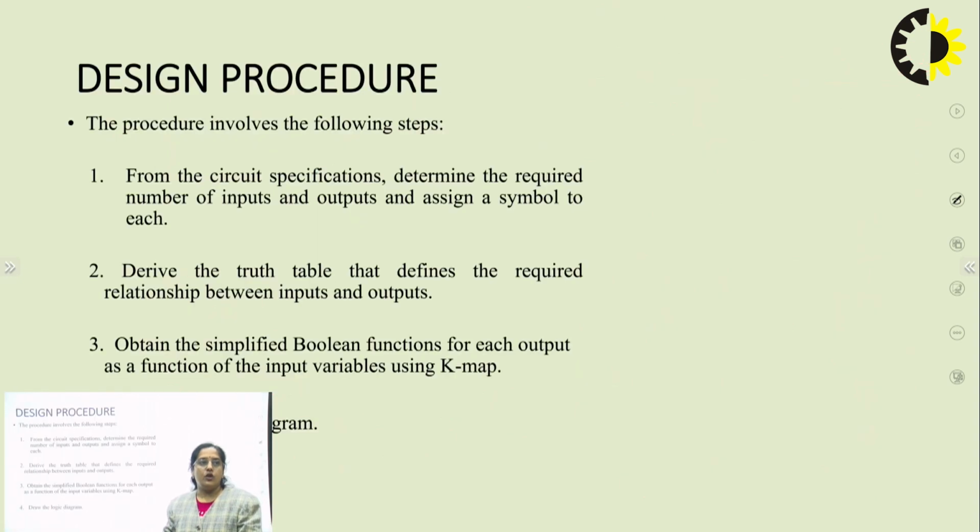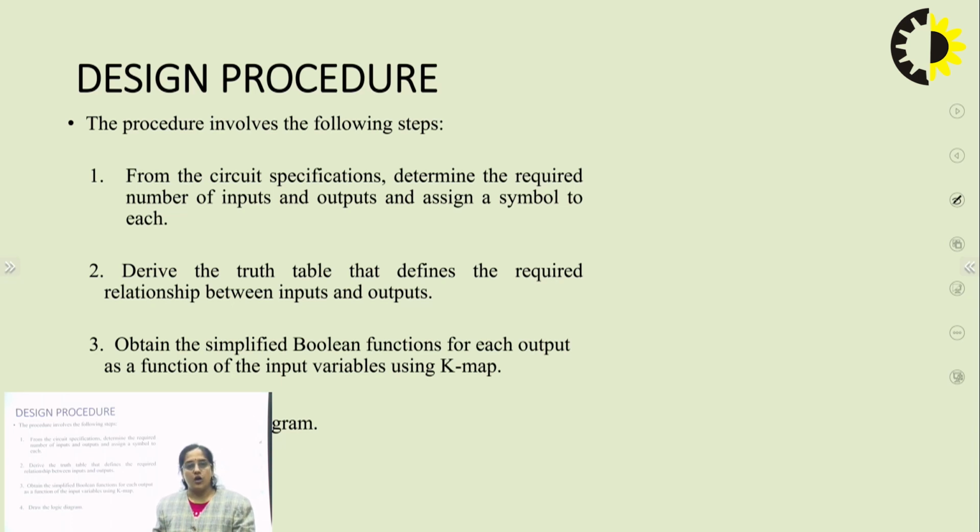Now, we are going for the design procedure. In case we have to design any combinational circuit, first of all, we have to determine the number of inputs and outputs, and assign a symbol to each input and output. Then, we have to derive the truth table corresponding to the number of inputs and outputs, and depending on the problem statement given, we have to find the output for each input combination.